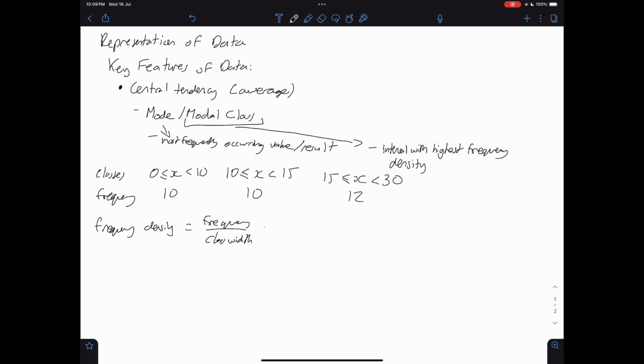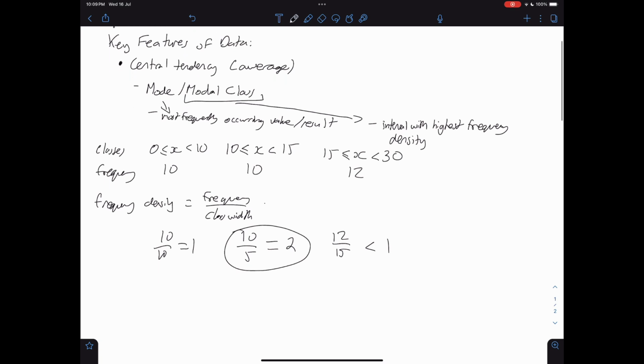So for this one we'd have 10 over 10 equal to 1, 10 over 5, which is equal to 2, and 12 over 15, and we know that's going to be less than 1. So the second class, class 10 to 15, is our modal class because it has the highest frequency density.